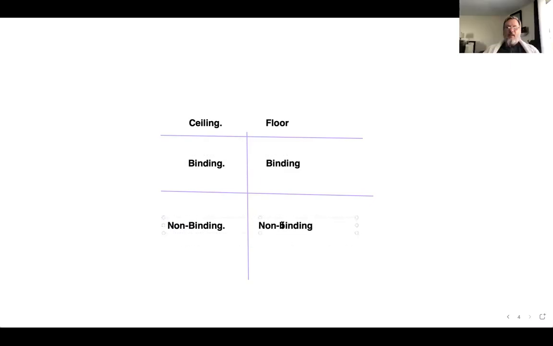And you have to look, because for a non-binding ceiling, the price ceiling, P hat, is greater than P star, or equal to, but I'll just put greater.